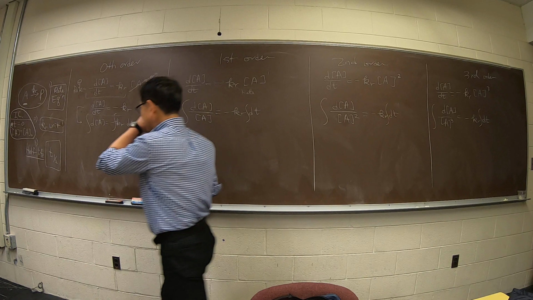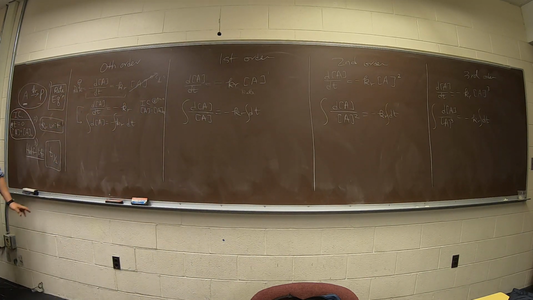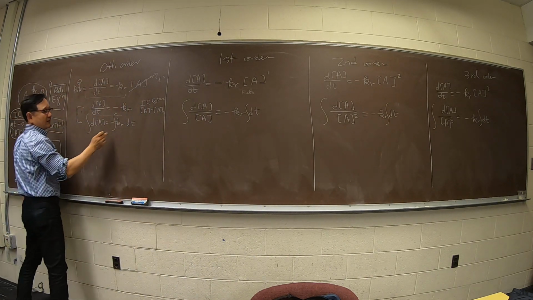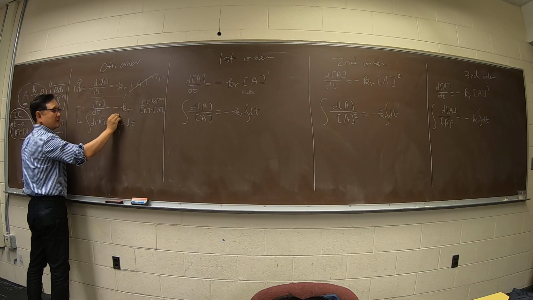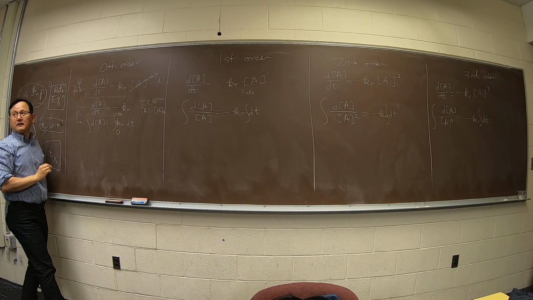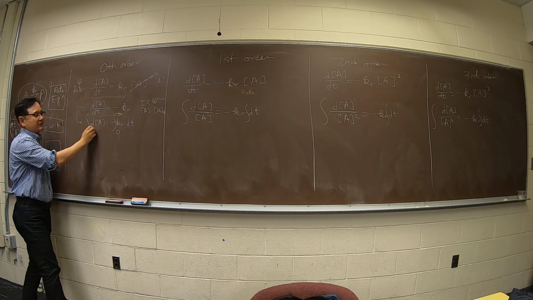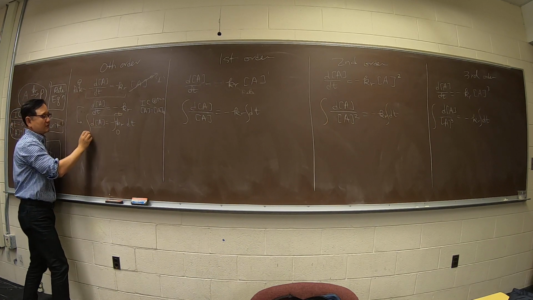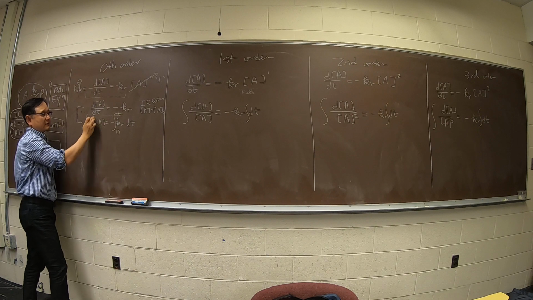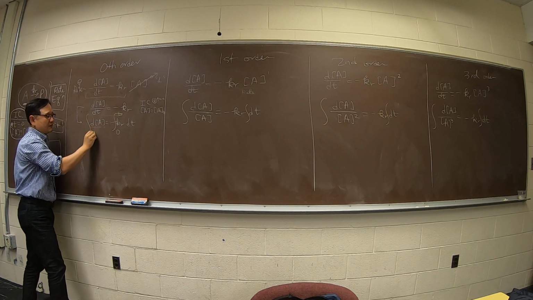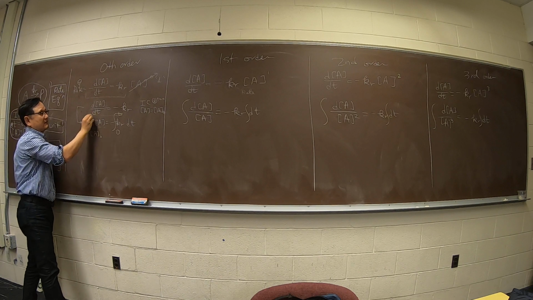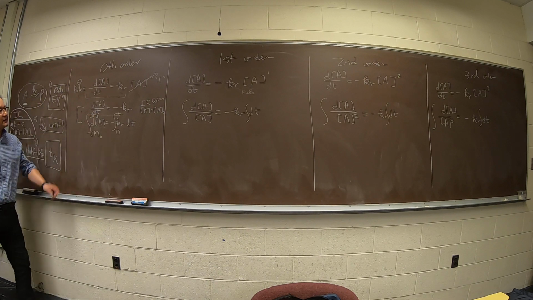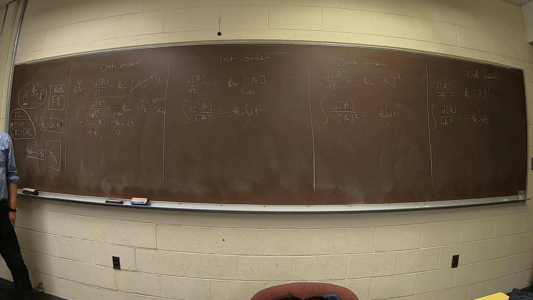So far, so good, right? And then I can even complete this by saying that the time is changing from 0 to t. What is my concentration? This equation says you want to put the quantity shown as concentration A. At time 0, this is A naught, and at time t, that's the A that you're looking for.